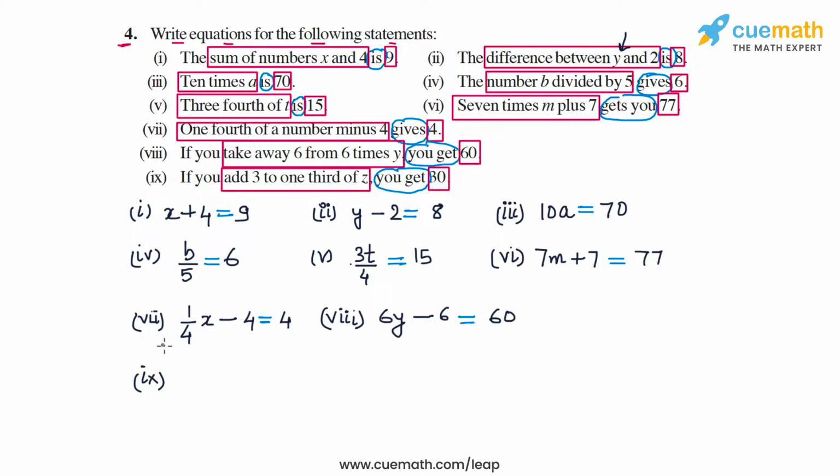So add 3 to 1/3 of z. How do you write this as an expression? So 1/3 of z can be written as z by 3. Add 3 to this. So z by 3 plus 3 is your LHS. Your RHS is 30, and these two are equal. So this is your equation in part 9. So with this, all the parts of question 4 are completed.